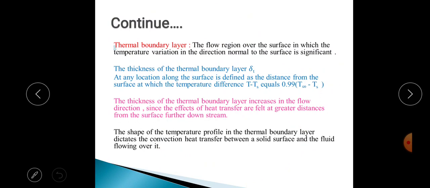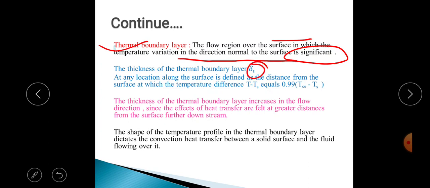More about the thermal boundary layer. It is the flow region over the surface in which the temperature variation in the direction normal to the surface is significant. The thickness of the thermal boundary layer, which is delta T, at any location along the surface is defined as the distance from the surface at which the temperature difference T minus Ts equals 0.99 times (T infinity minus Ts).